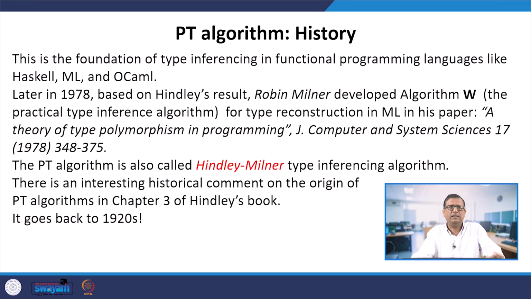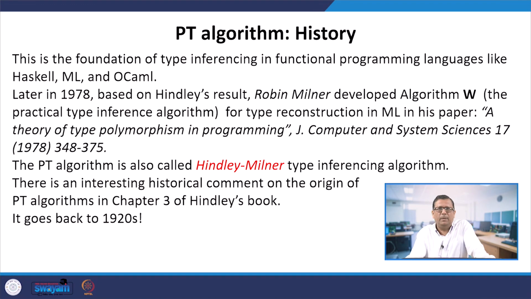So, this provided the foundation for type inferencing in functional programming languages like Haskell, ML, OCaml. Later in 1978, based on this result of Hindley, Robin Milner developed algorithm W, a practical type inferencing algorithm for type reconstruction in ML, in his paper, A Theory of Type Polymorphism in Programming, in the Journal of Computer and System Sciences.